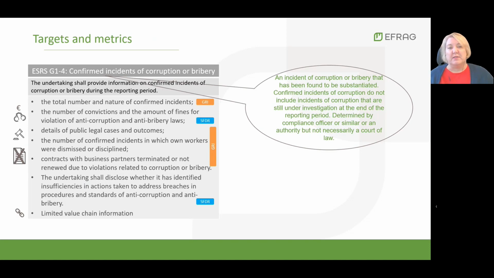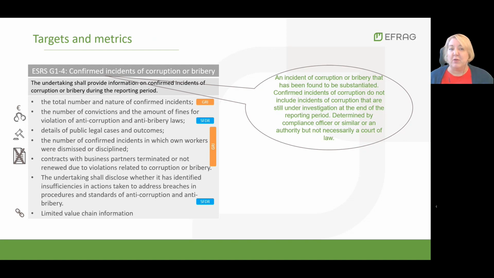If we then look at targets and metrics, the first one that we start with is the disclosure requirement about confirmed incidents of corruption and bribery. Here it is important, and I'm focusing on the definition that you again will find in Appendix A, that an incident of corruption has been found to be substantiated.